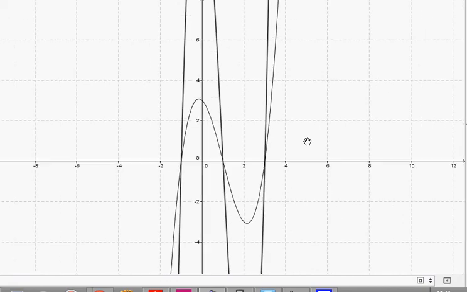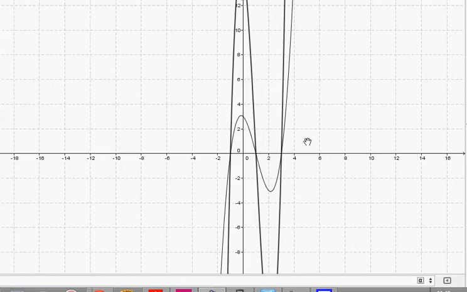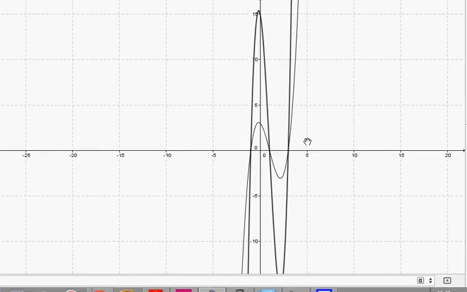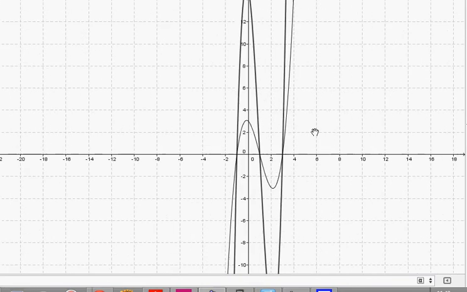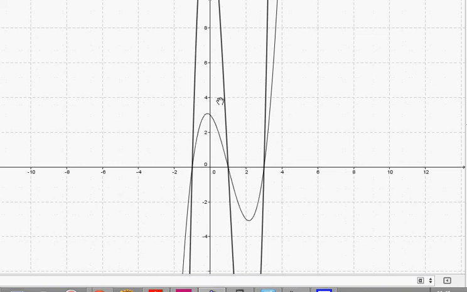I've increased its steepness by 5. But what do you notice about the x values? The x values stay the same.